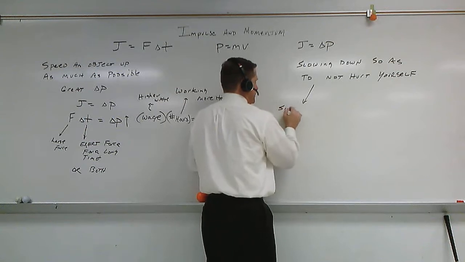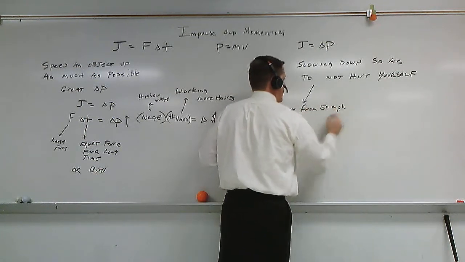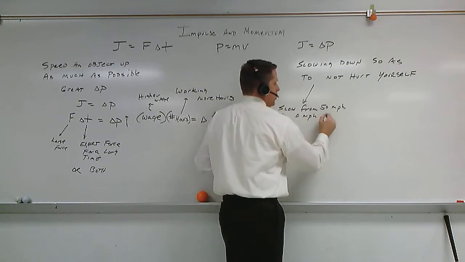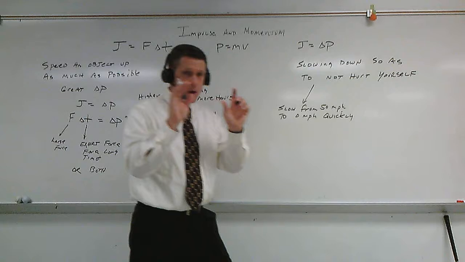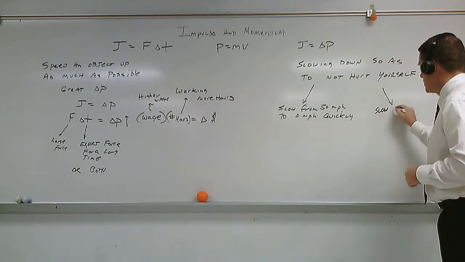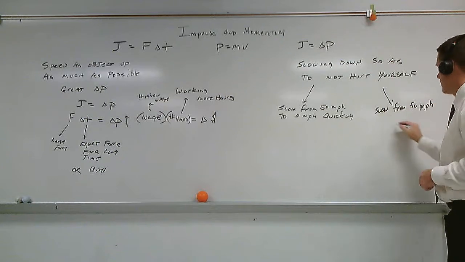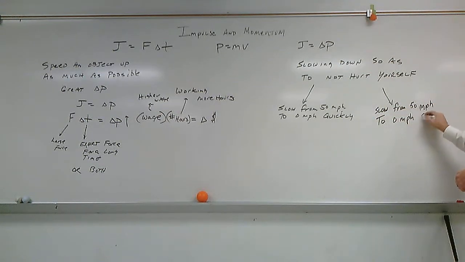If we want to slow from 50 miles per hour to 0 miles per hour quickly is one situation, or if we slow from 50 miles per hour to 0 miles per hour slowly.